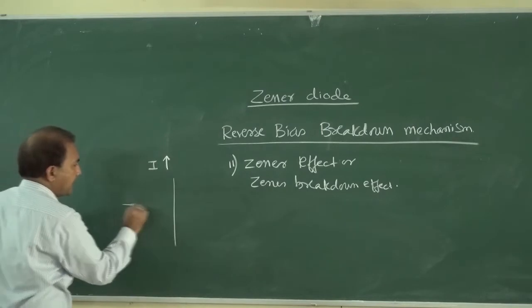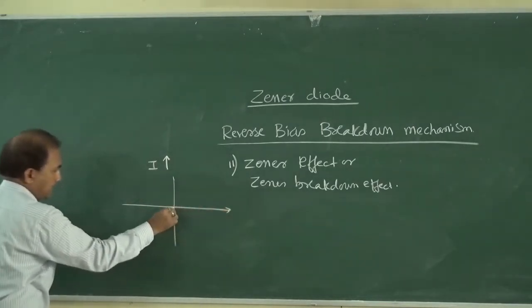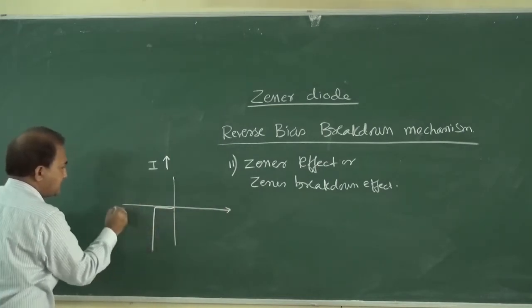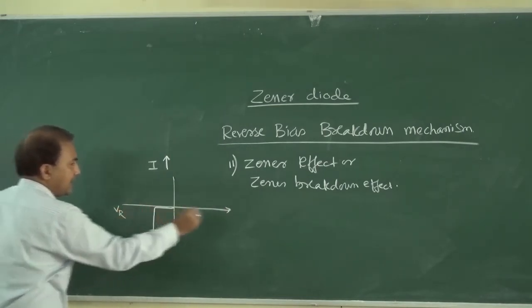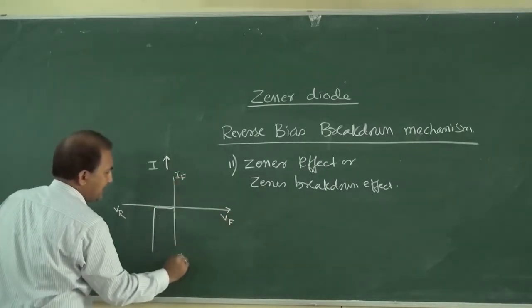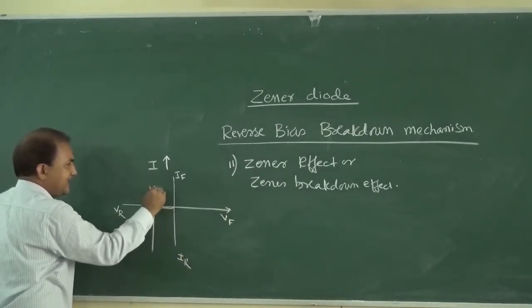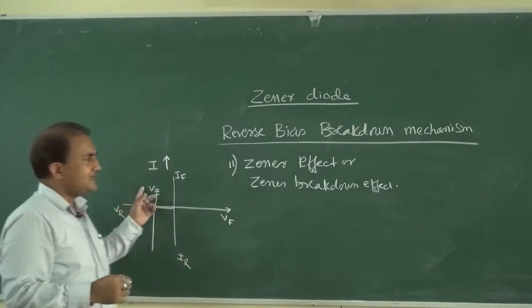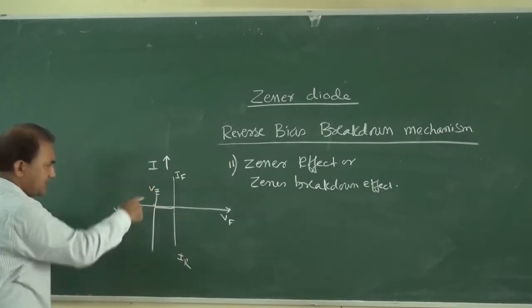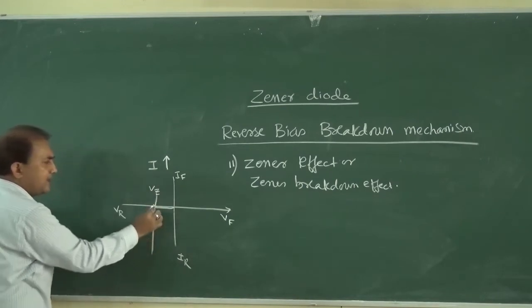We will see this sharp increase in current again. Suppose this is VR and this is VF, this is IF and this is IR. Suppose this is VZ, the Zener breakdown voltage. Just at this voltage, a sharp increase in current is observed.